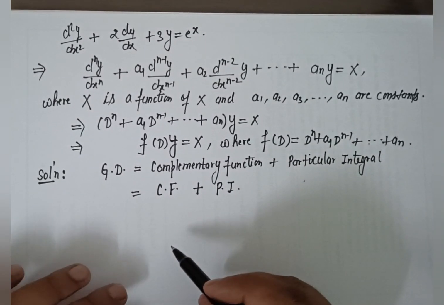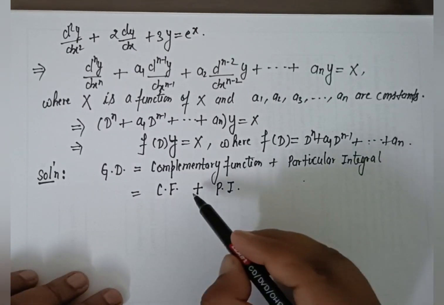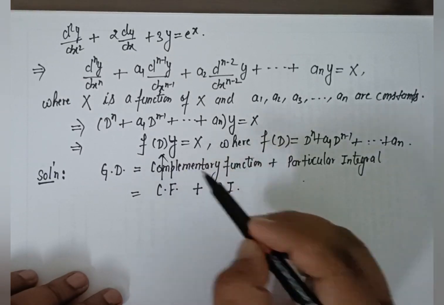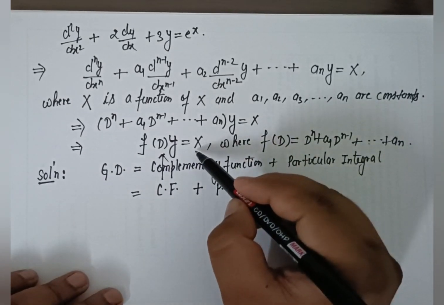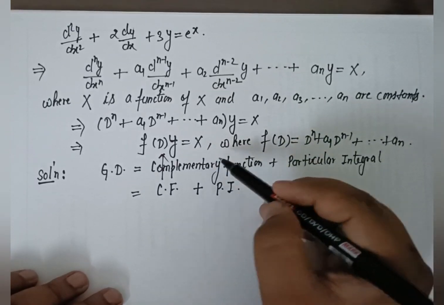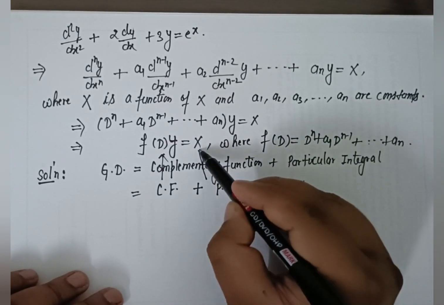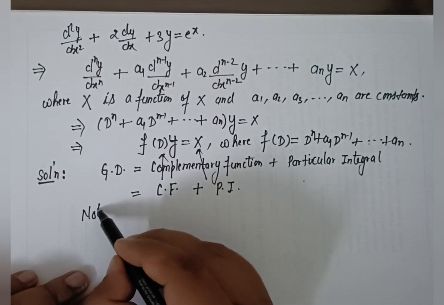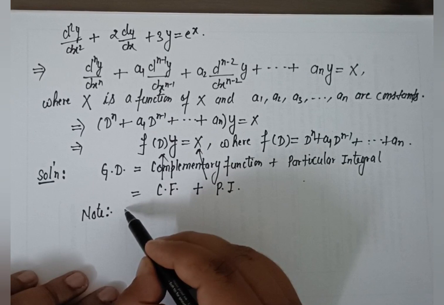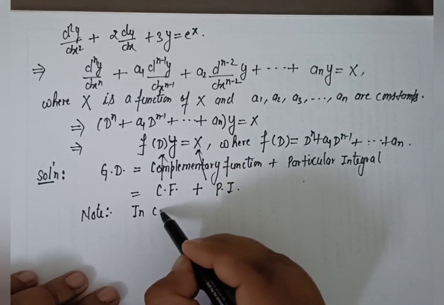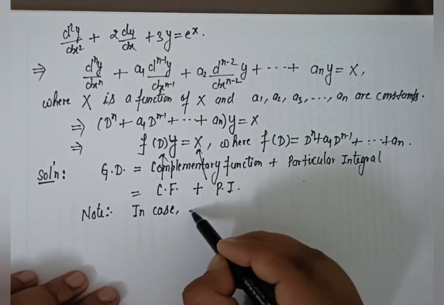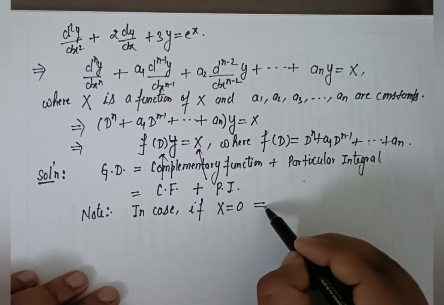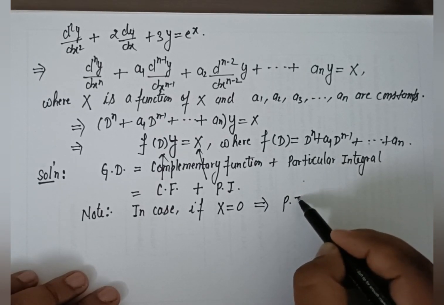And remember one thing, this CF will be due to f(D), okay, and this PI will be due to capital X. Note here, in case capital X equals 0, your particular integral will be 0.